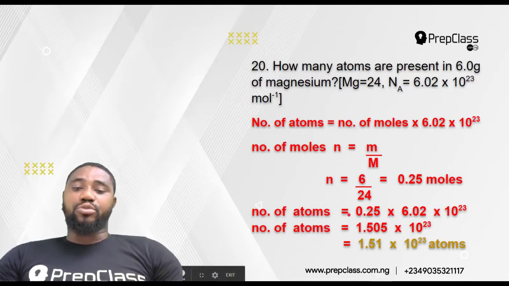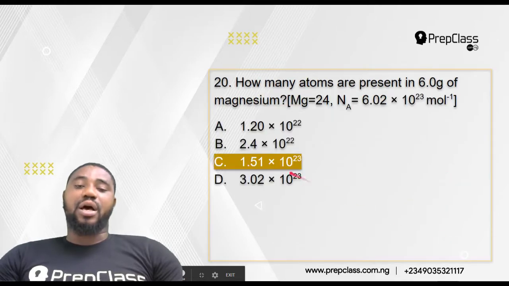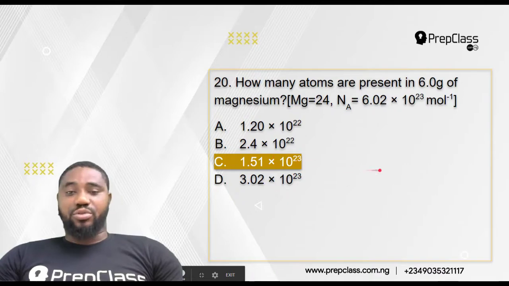So number of atoms becomes 0.25 times Avogadro's constant, 6.02. 0.25 times 6.02 gives us 1.505 times 10 raised to the power 23. So the final answer, changed to 2 decimal places, becomes 1.51 times 10 raised to the power 23 atoms. So that's the answer.